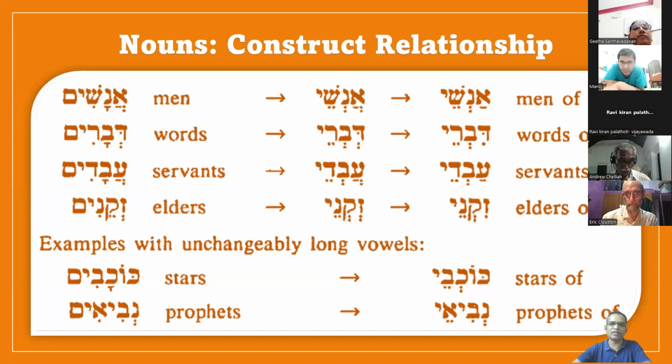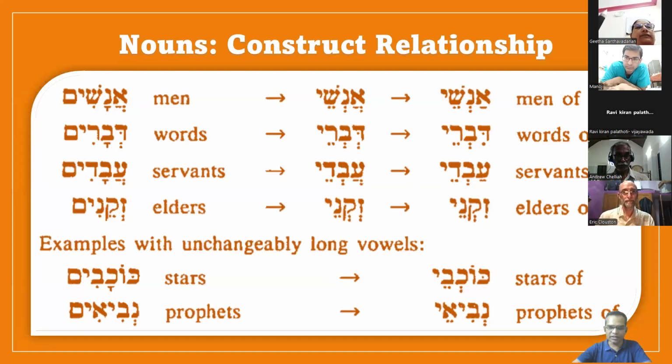The initial consonant is carrying an unchangeably long vowel, so there is no need of a vocal Shiva. Unchangeably long vowels cannot be removed from the text. That is why there is no change. The only thing changed is the ending.